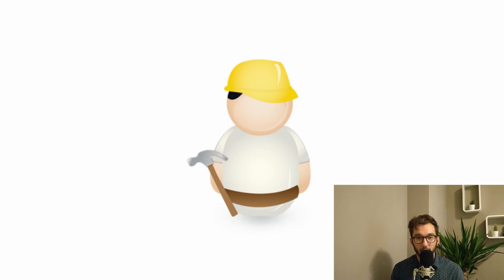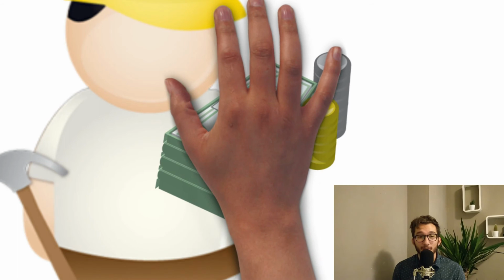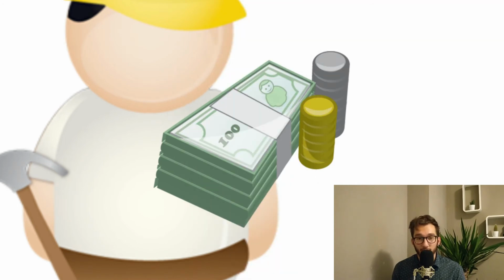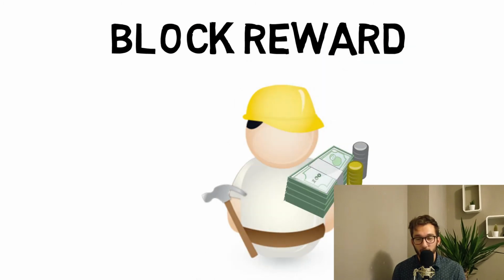So they are doing that at the same time, and the one who found the right nonce and puts the box exactly on top of the other one will be rewarded. He will get some payout, and in blockchain it's called the block reward. So he will be the one who gets the money for doing that. He will get some Bitcoin, for example.